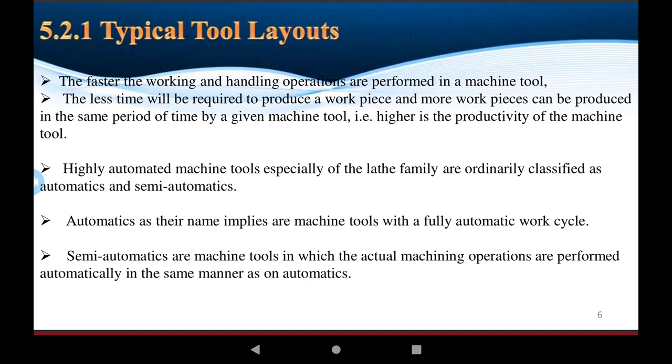In semi-automatic machine tools, the actual machining operation is performed by the machine. All the machines are automatically selected in some manner like the automatics.